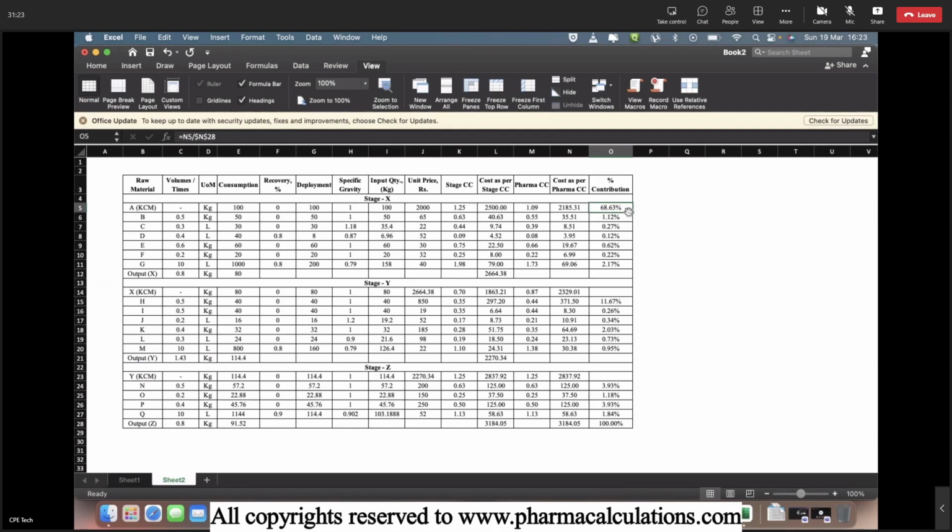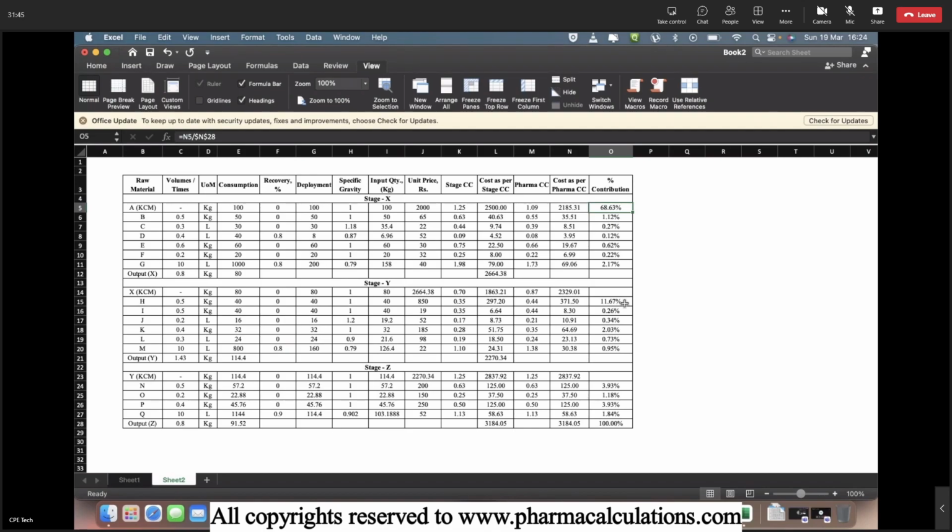So if you are able to reduce, or if you are able to manufacture it in-house, then you can again reduce the RMCC, so that you will be increasing the profit margins. And similarly, let's say here you got almost 11.67%.